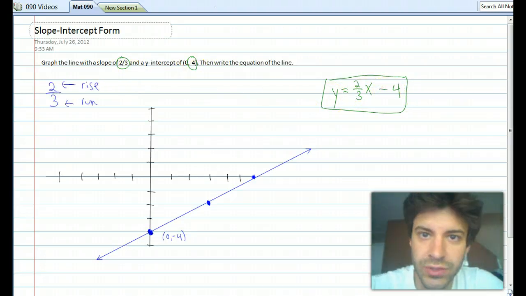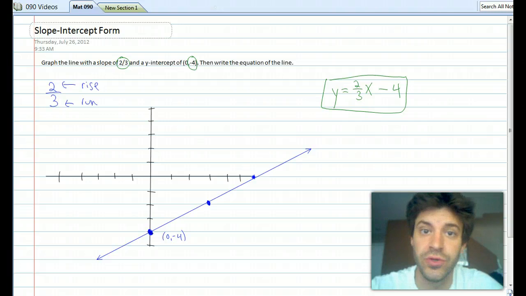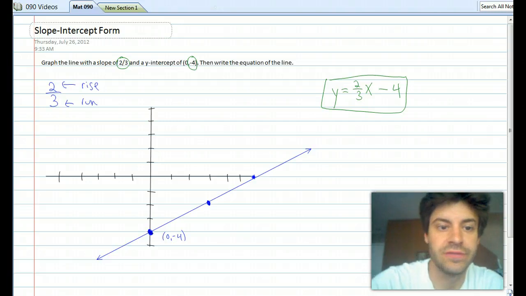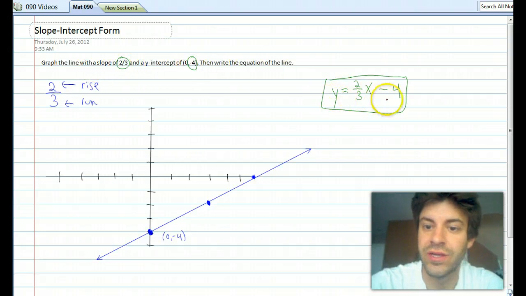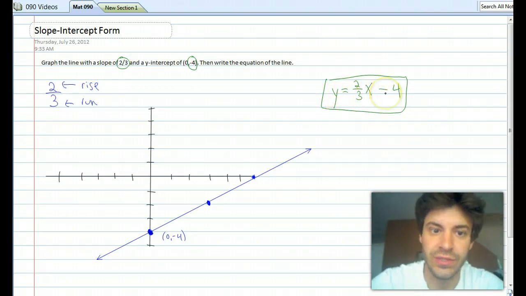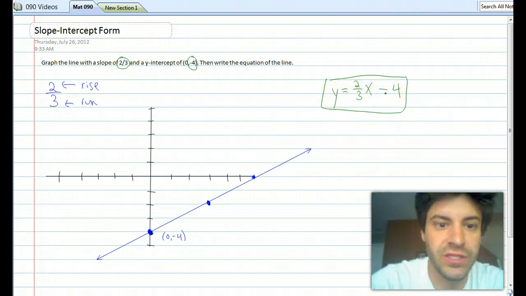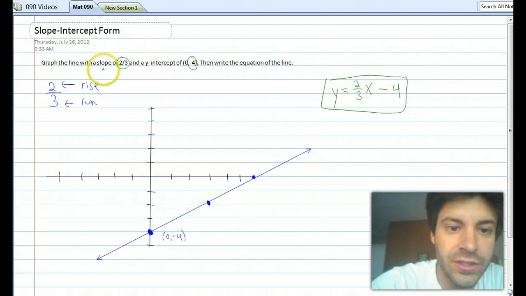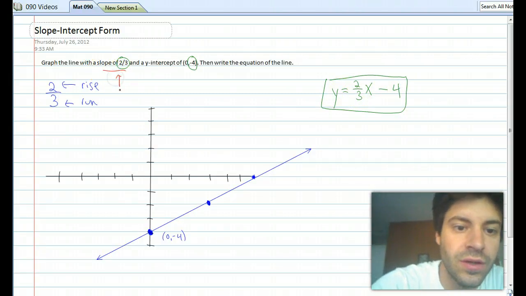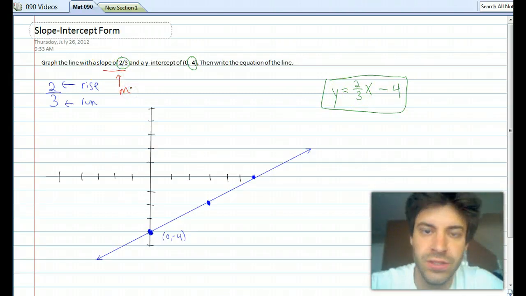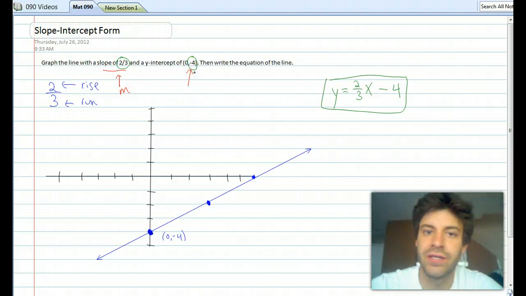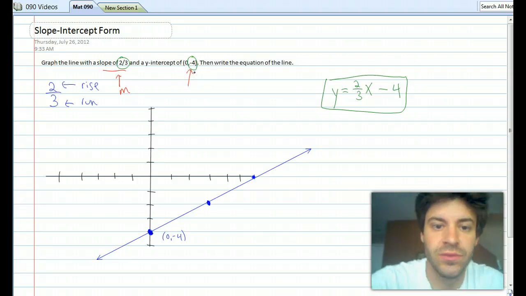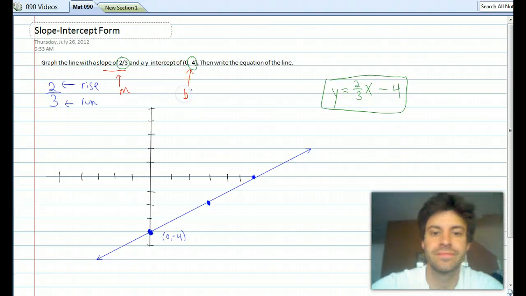And as usual, we always like to come up with the general formula for this type of thing. In this case, we want the general formula for how you take a slope and a y-intercept and put it into this form. It's pretty simple actually. Recall from our previous videos that we always have been calling the slope m. Now this is a new one: we're going to call the y value of the y-intercept b.